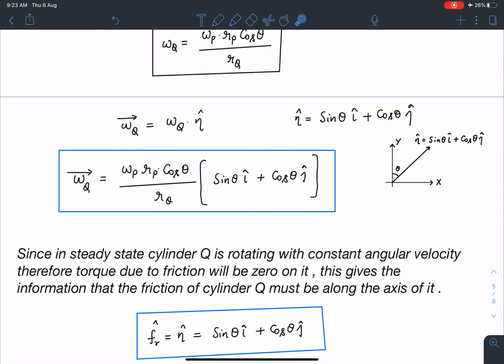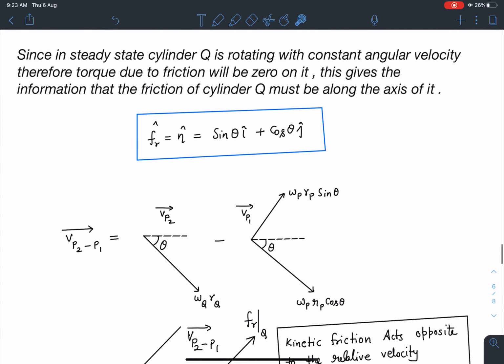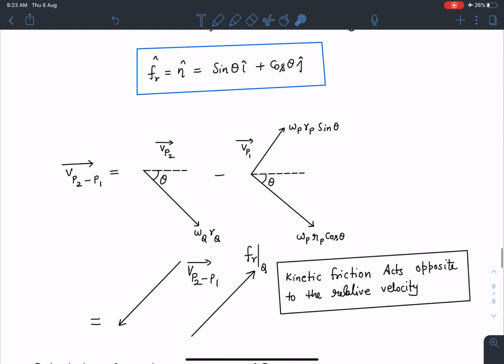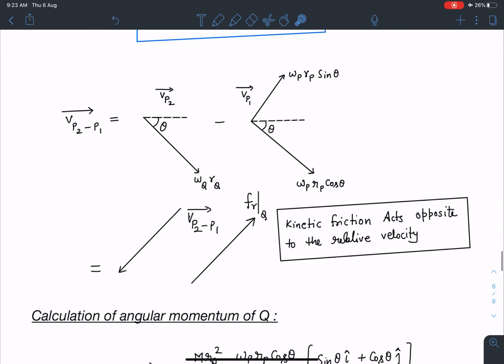Directly I can say this, or I can use the relative motion concept, and friction acts opposite to V relative. So here I can say Vp2 with respect to P1, so velocity of point P2 with respect to P1, I can say Vp2 minus Vp1. Vp2 was in this direction, value was omega q rq, and Vp1 was in this direction, value was omega p rp.